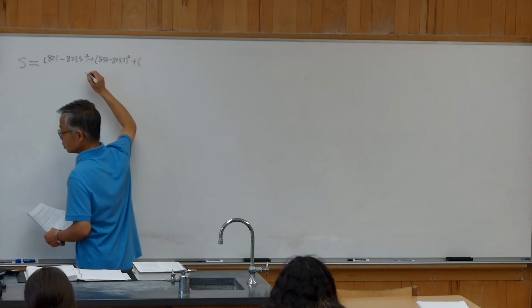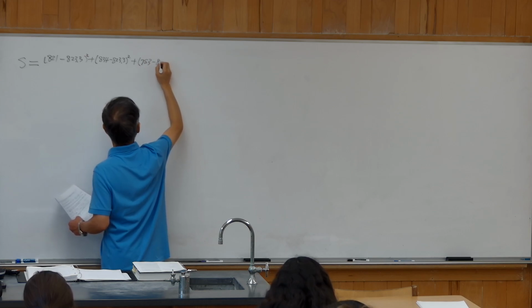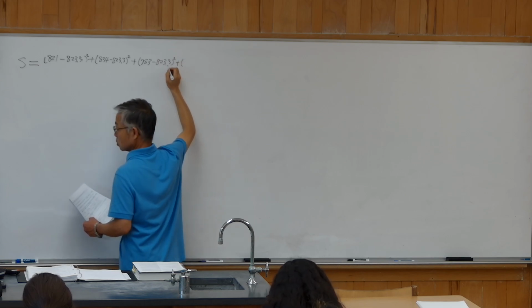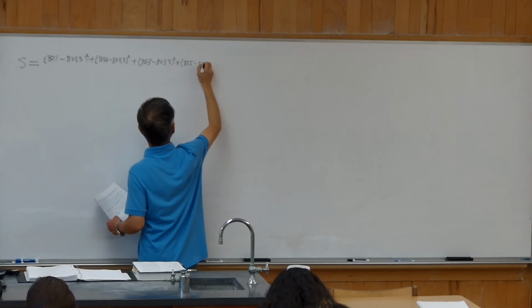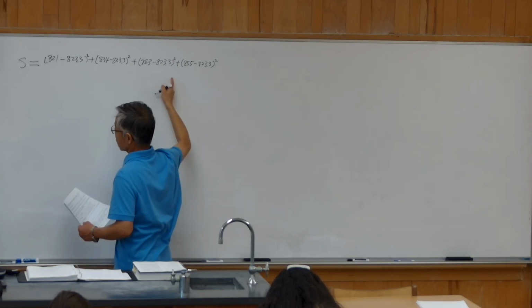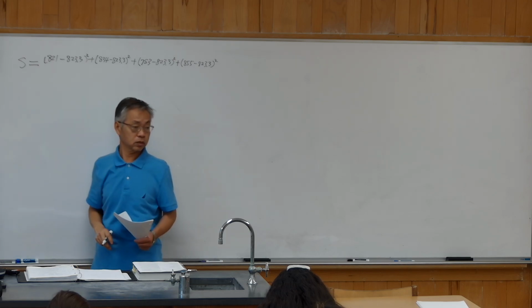The third one, 783 minus 823.3 squared. Last one is 855 minus 823.3 squared. So this represents the sigma (xi minus x bar) squared.